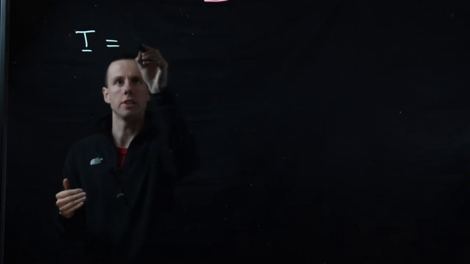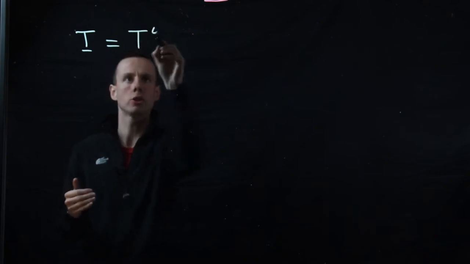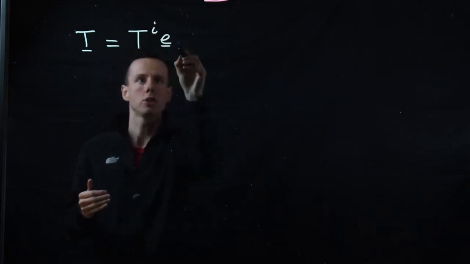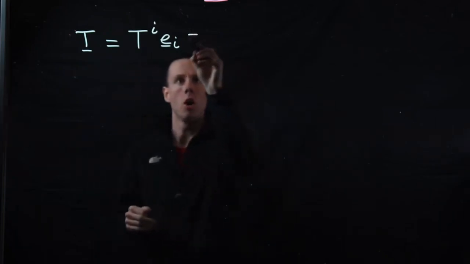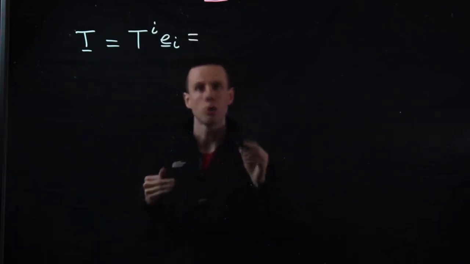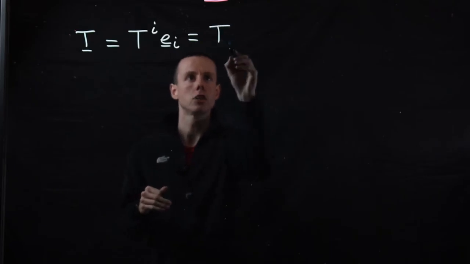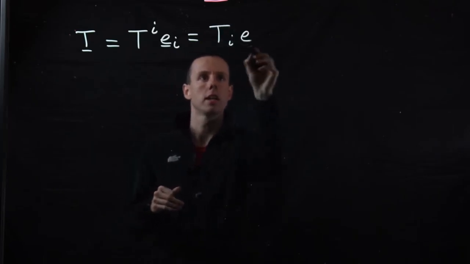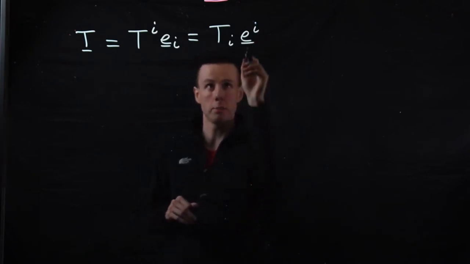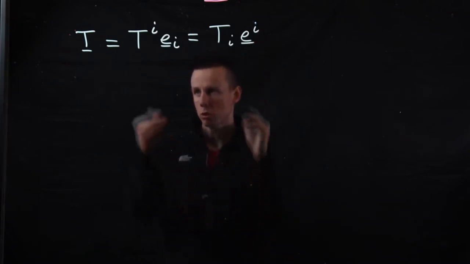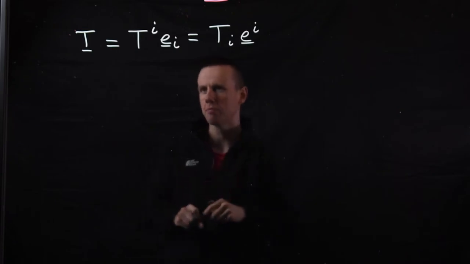So you can write T superscript i times the natural basis vector a_i, that's the contravariant form, or T subscript i and then basis vector e with a superscript i, the reciprocal basis vector. Two ways of writing the same vector.